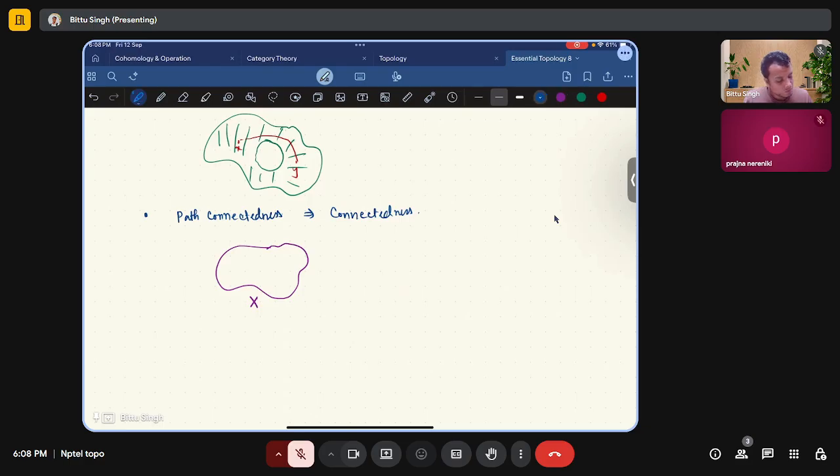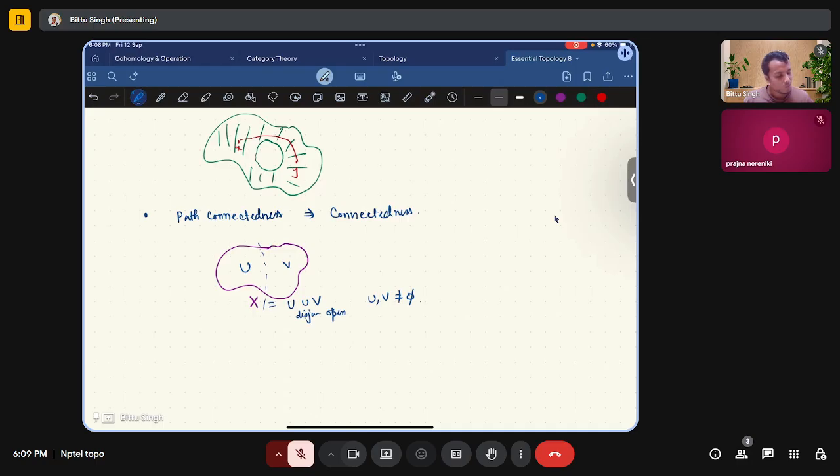Now if we try to break this space into two parts, one open set U and another open set V, and write X as the disjoint union of U and V, then there will be some contradiction. If we assume X is disconnected, then X can be written as U disjoint union V, where U and V are both non-empty disjoint open subsets.